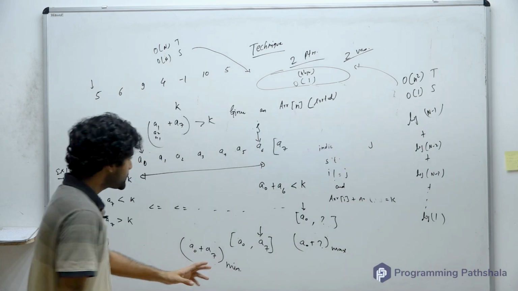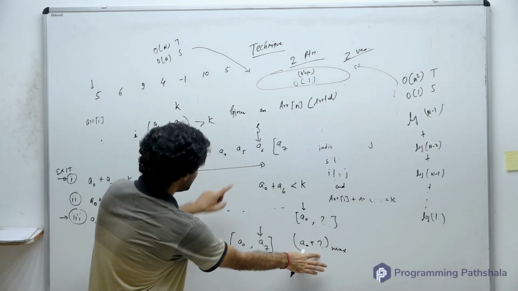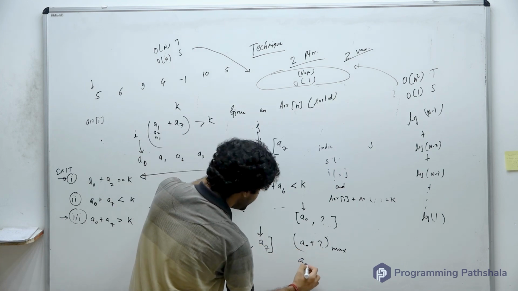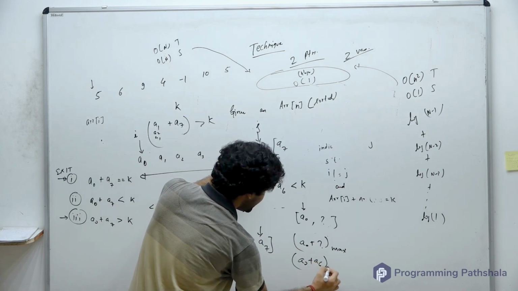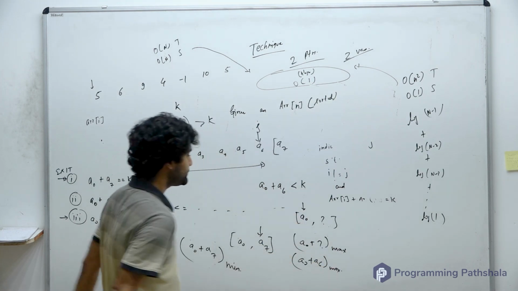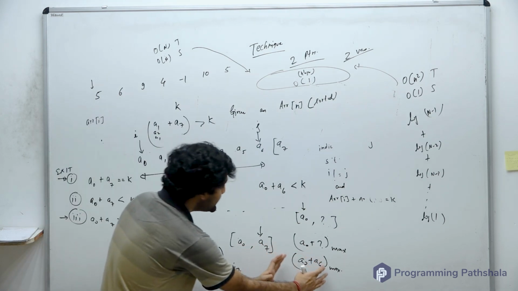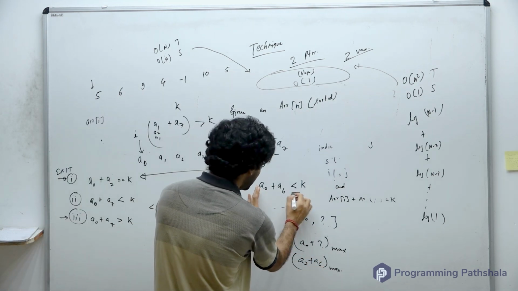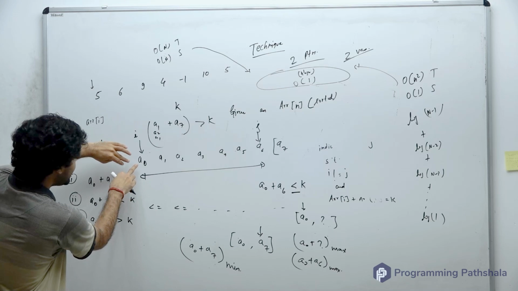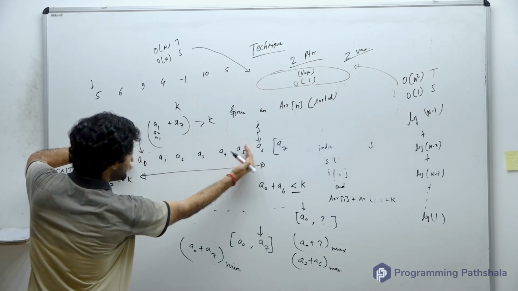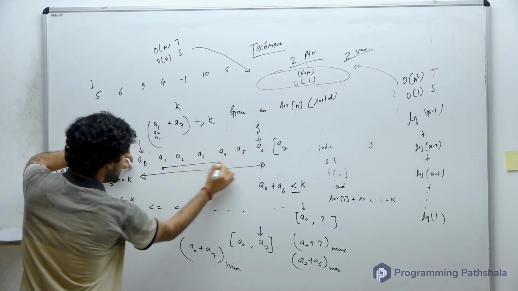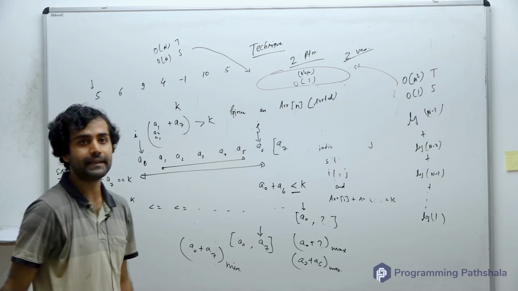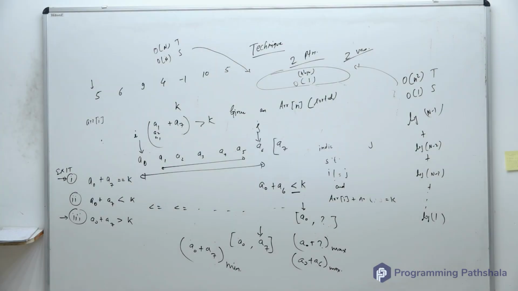So here you would have said that A6 is the element with which A0 plus A6 will be maximum possible, right? Now if this thing itself is smaller than k, can I say that A0 plus anything in the left side of A6 will be even smaller than k? Got it?